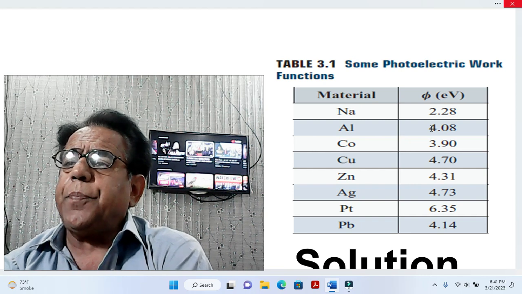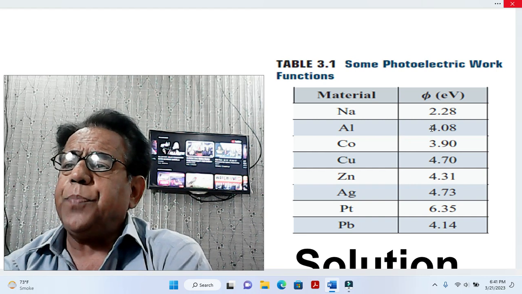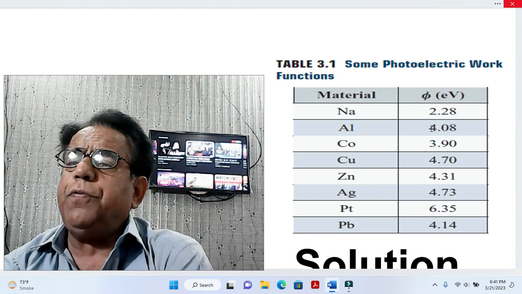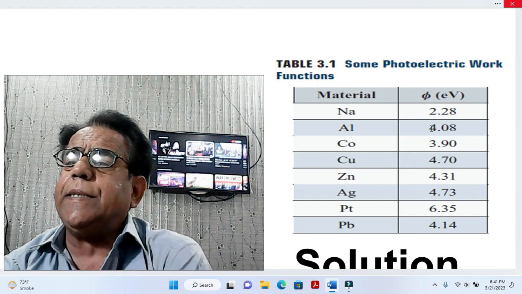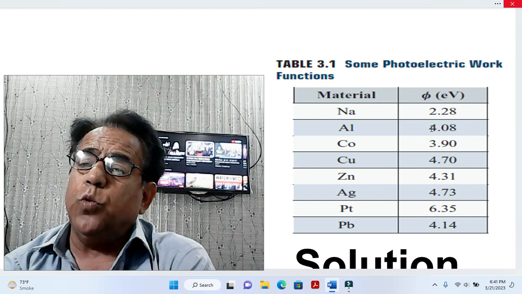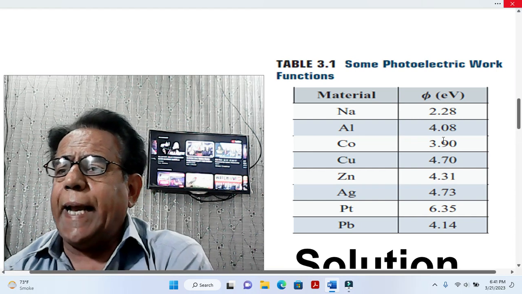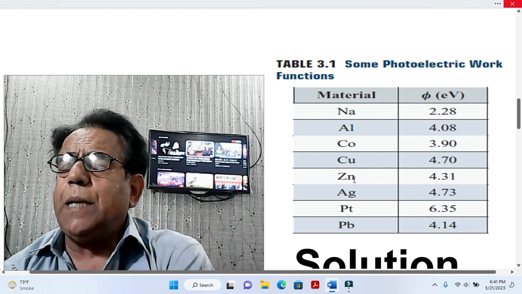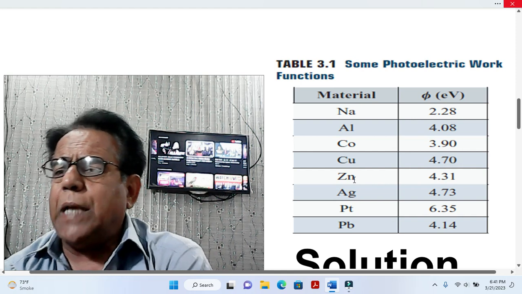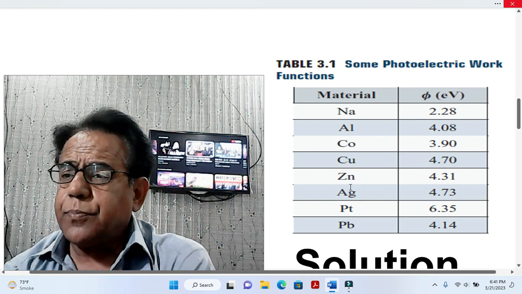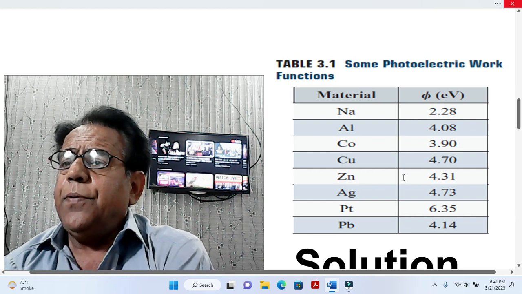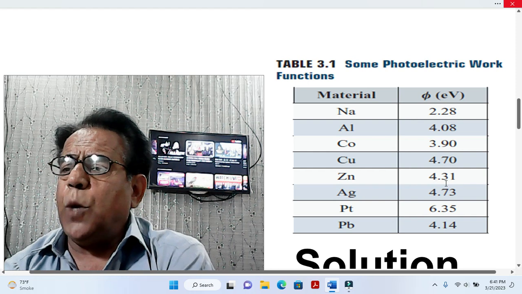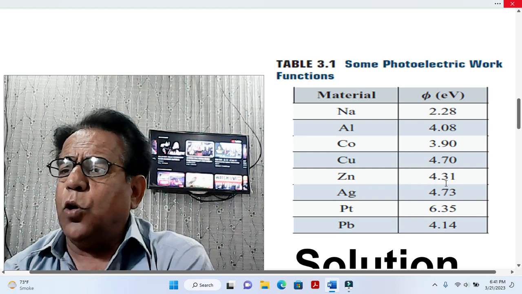Tool number 2 shows a list of work functions of various materials in which zinc is also included. Zn: 1, 2, 3, 4, 5. At row number 5, zinc has a work function of 4.31 electron volt, denoted by phi.